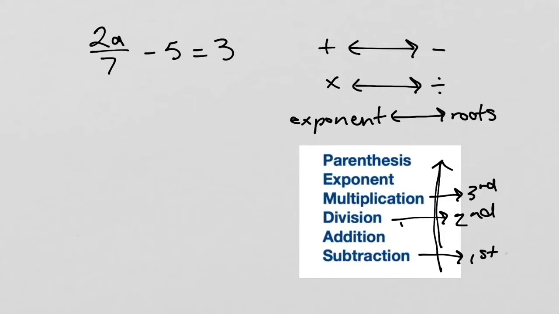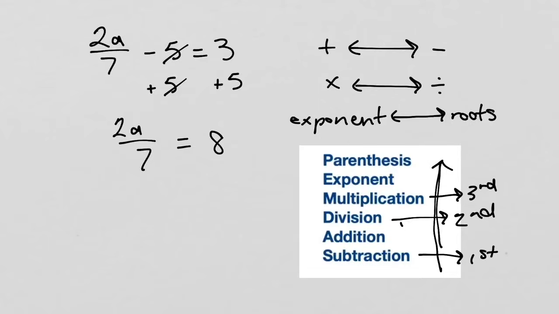We get rid of the minus 5 by performing the opposite operation on it. So we'll add 5 to both sides. The 5 will cancel out. 3 plus 5 is 8. So now we have 2a over 7 equals 8. We know we will do our division next.